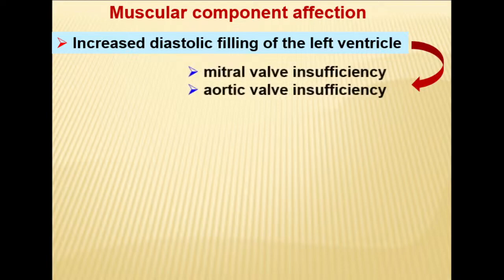It appears in two heart defects because of abnormal backward blood flow, mitral valve insufficiency and aortic valve insufficiency, or as we remember, mitral regurgitation and aortic regurgitation. Backward blood flow overfills the left ventricle with blood.